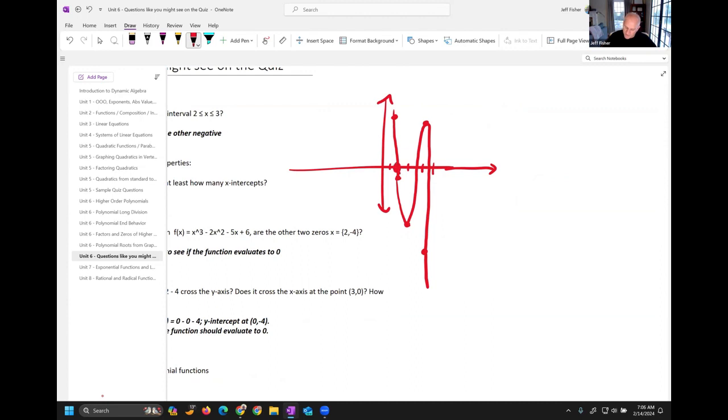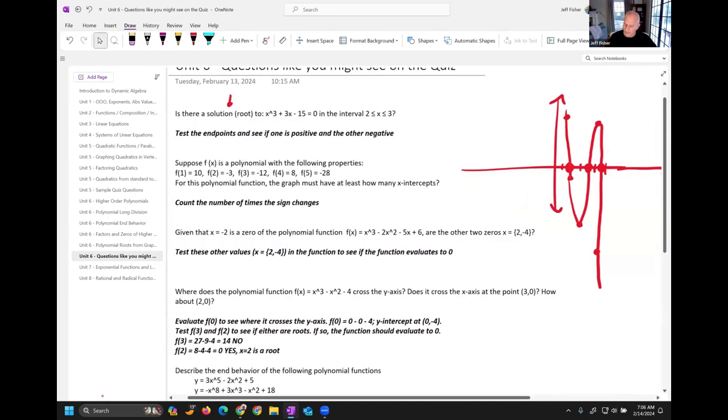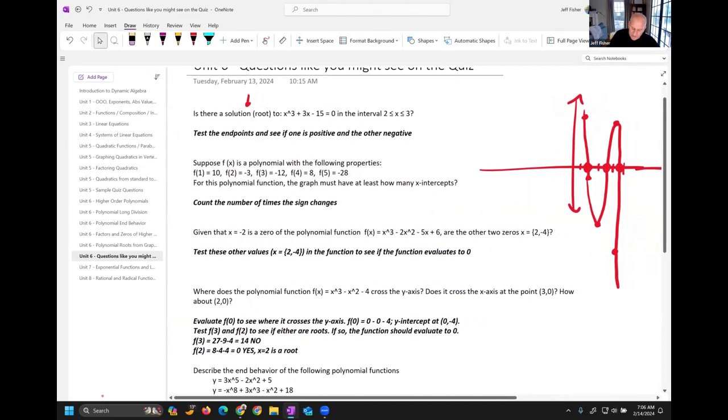So we have one crossing happening between these two points, one between these two points, and one between these two points. We can easily see that just by looking at where the sign changes. Does the sign change from 10 to -3? Yes, it does. Does it change from -3 to -12? No, it does not. Does it change from -12 to 8? Yes, it does.